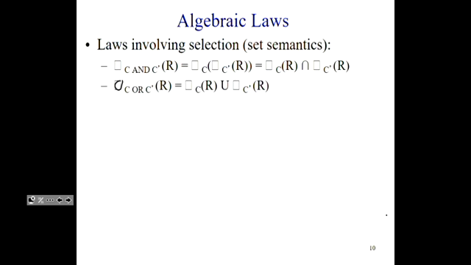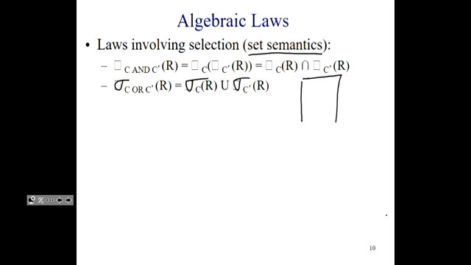So here I have sigma of C or C prime is equal to sigma of C of R union sigma of C prime of R. We are in set semantics, by the way.